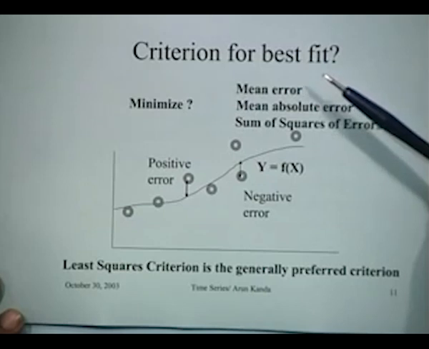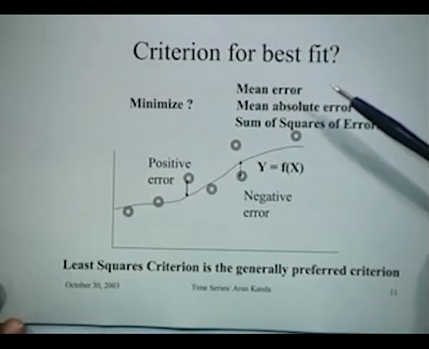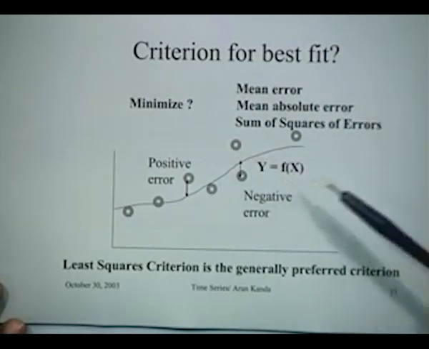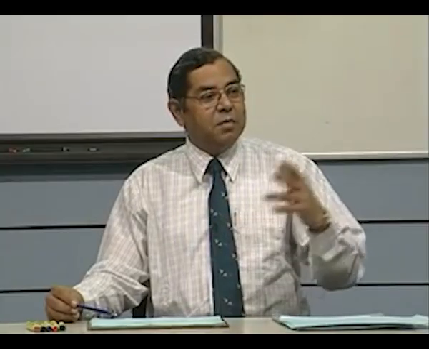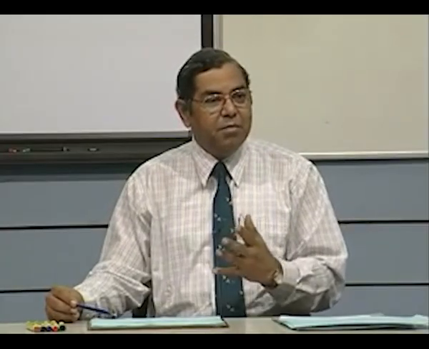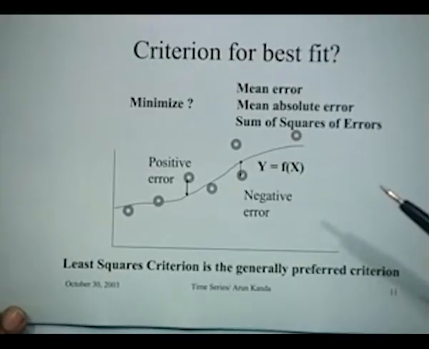Why is it not a good criterion? Because, for instance, if there are 2 points on opposite sides, no matter whether the error is plus minus 20 or plus minus 100, both of them would be rated equally by this criterion.